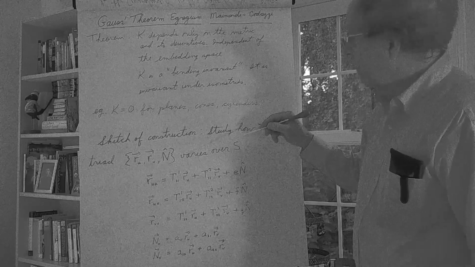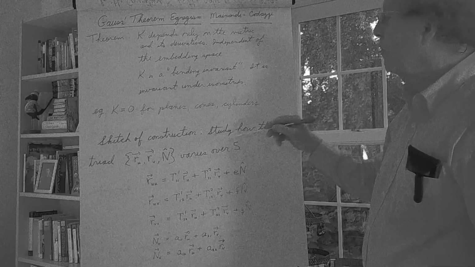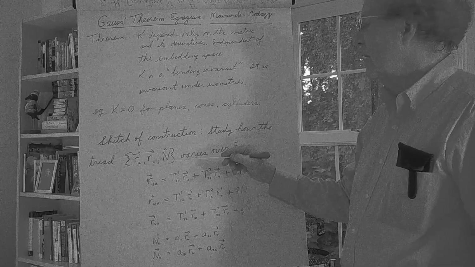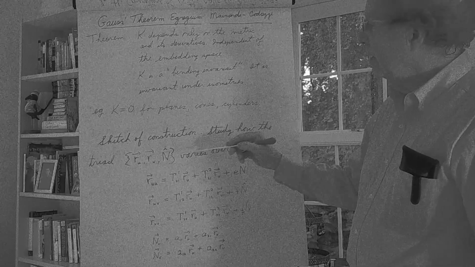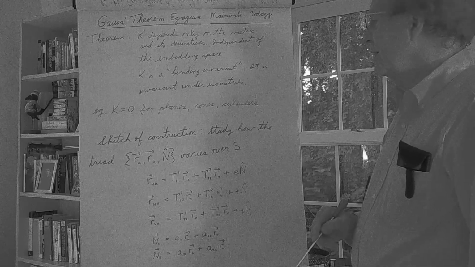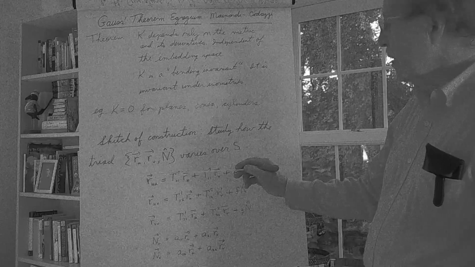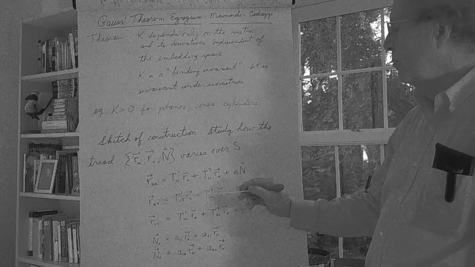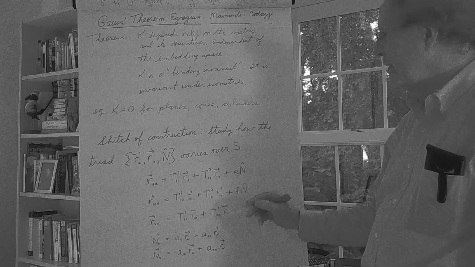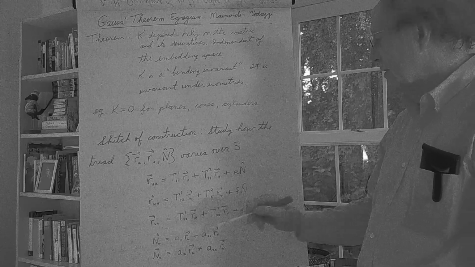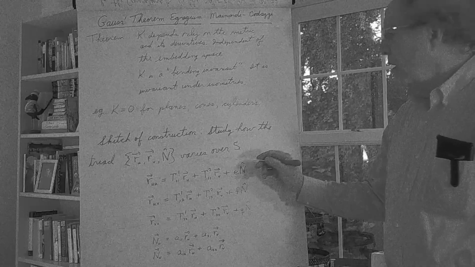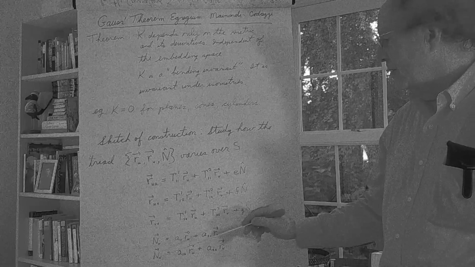In other words, as I vary across S, as I move along S, I move along the mesh, which I'm labeling UV. So I want to differentiate this character in the U direction and the V direction and understand how it changes. So that's what I've written down here: R_UU, R_UV, R_VV, and then N sub U and N sub V. Well I know how N sub U and N sub V behave.